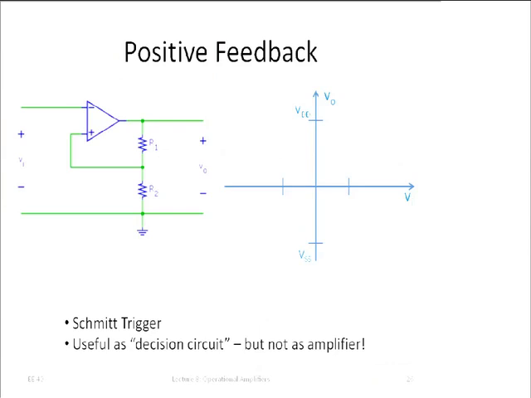Now, we also could have positive feedback, and I actually told you that whenever we look at an op-amp circuit, the first thing you have to do is look at whether the feedback is negative or positive. And here it's positive. Why?